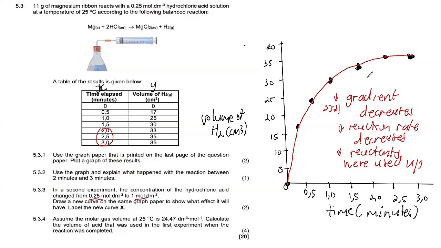So that means this reaction will not be coming to completion at 2.5, but it will be coming to completion at a much lower time, if we can put it that way. And then that means, number one, what they want to see in your graph is you have drawn a steeper graph.